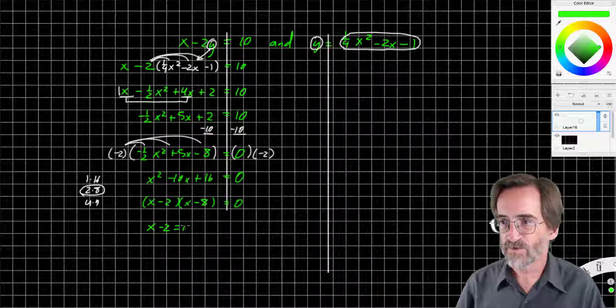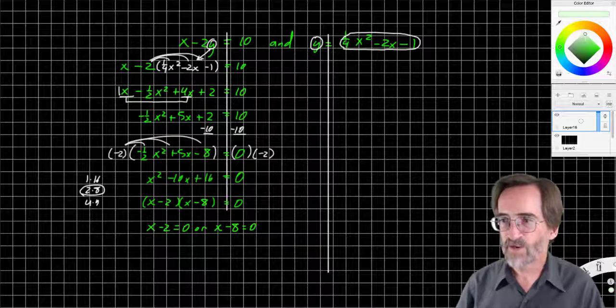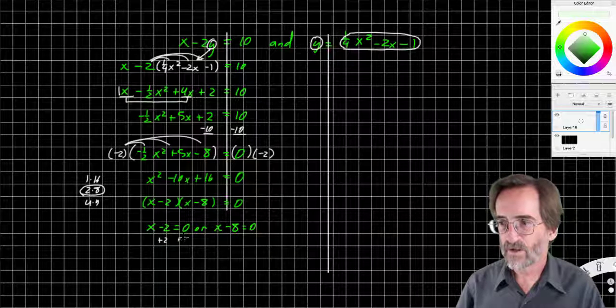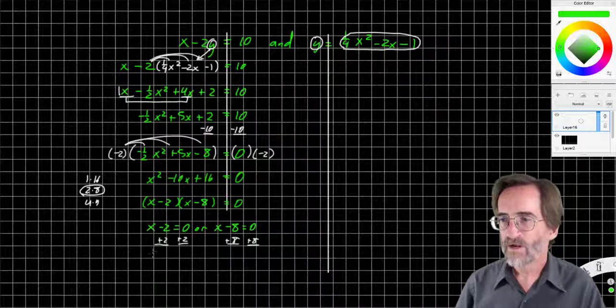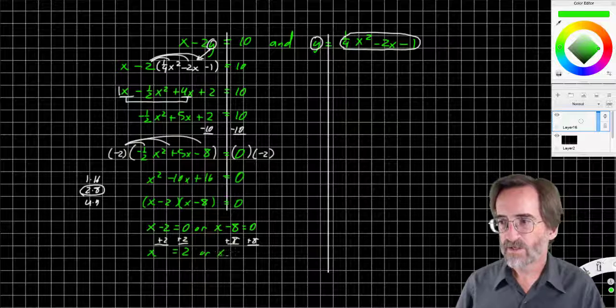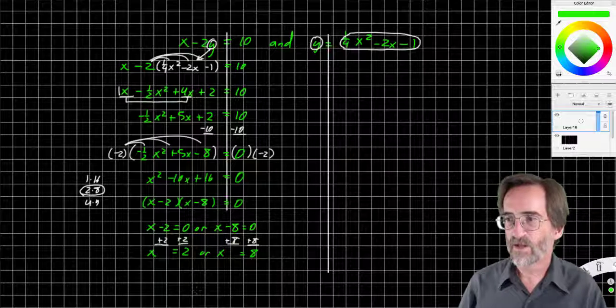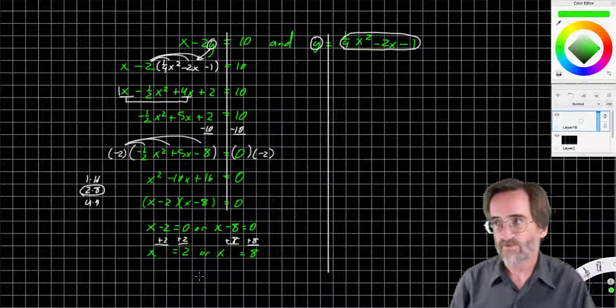Solving both of those equations, I add 2 to both sides and get x equals 2, or I add 8 to both sides and get x equals 8. Notice there are two solutions, x equals 2 or x equals 8. That's because there are two intersection points, and we're going to see this graphically in just a moment.